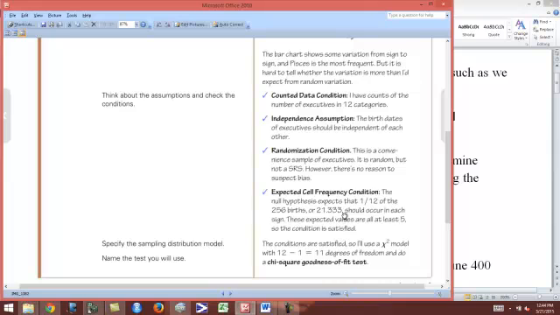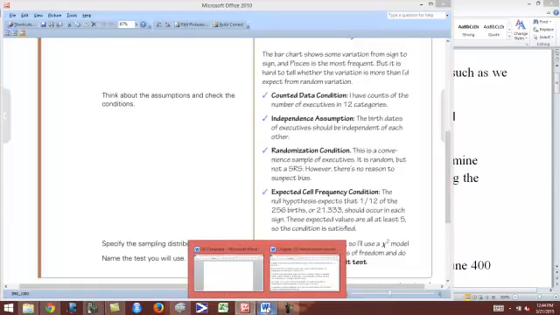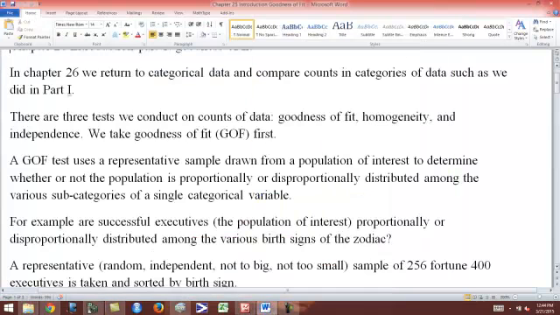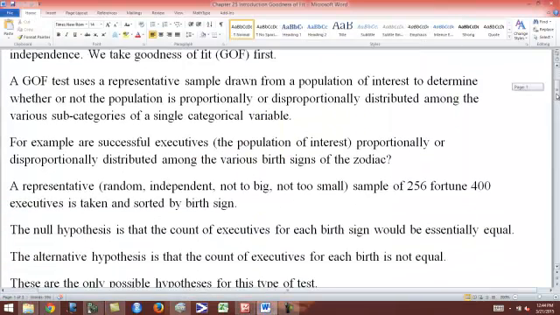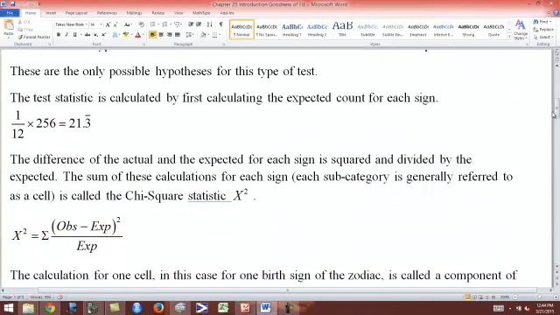Now, how do we calculate the statistic? Well, the statistic consists of the observed amount minus the expected amount divided by the expected. Okay, let's go back to our document here. So, the test statistic is calculated by first calculating the expected count for each sign, 1/12 times 456.